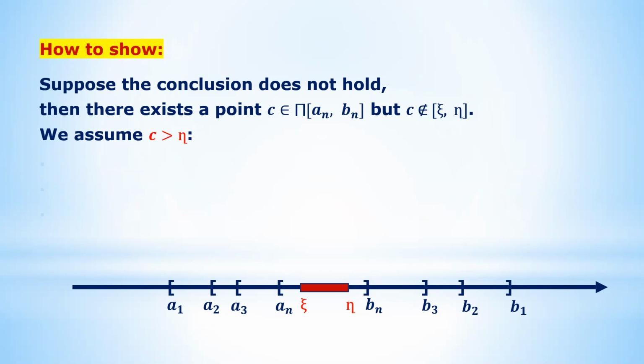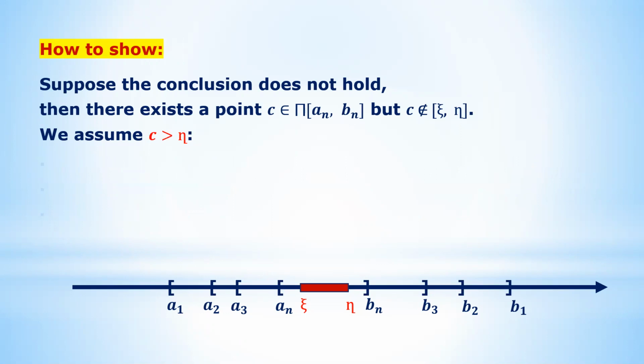And as I just mentioned, it is possible that c is greater than η. If that happens, you are going through the same proof, the same argument. You can check it. In our homework section, I didn't include any homework related to the nested cells theorem.